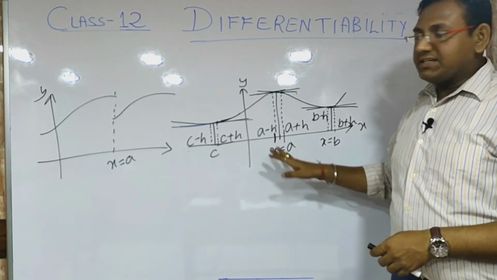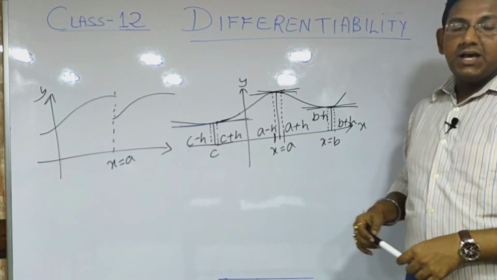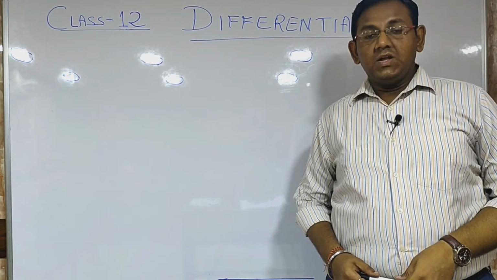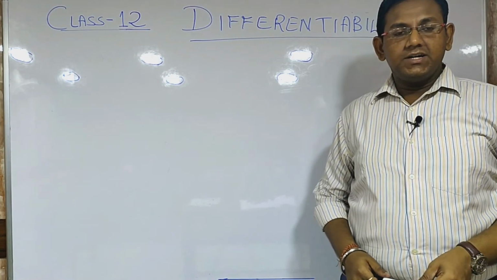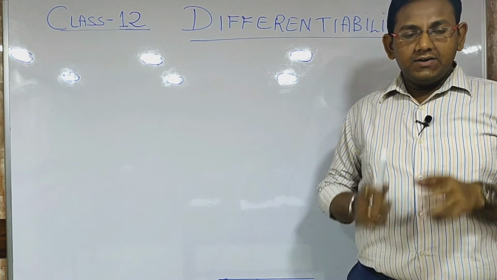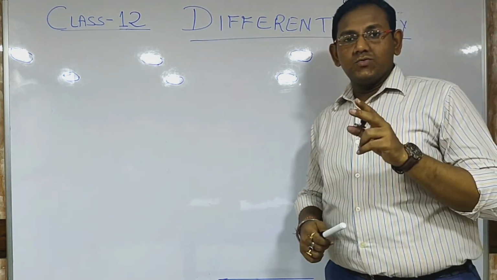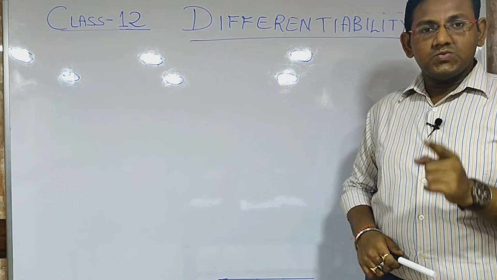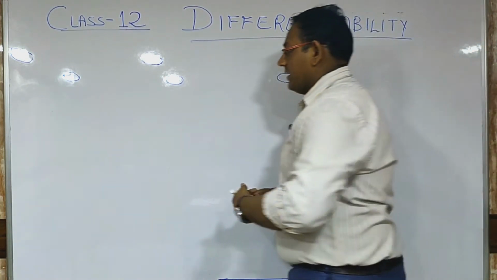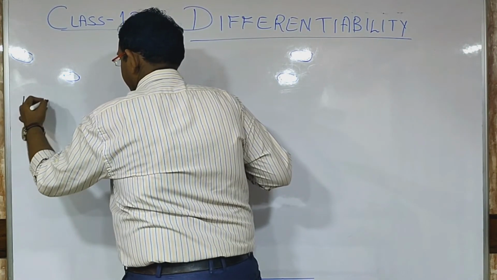We will see this entire differentiability part with the help of a formula also. Now in the case of differentiability, we need to think about two things. The first one is called the left hand derivative.